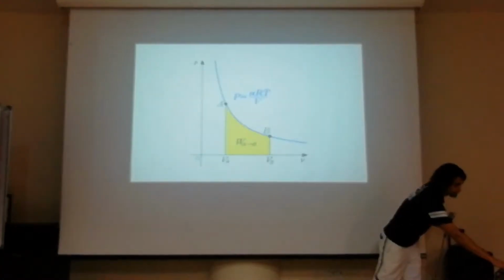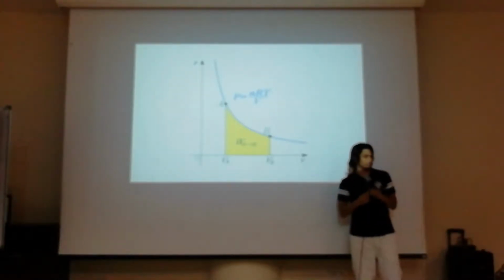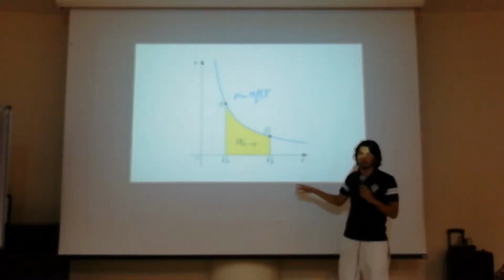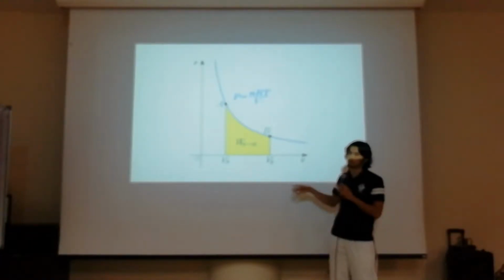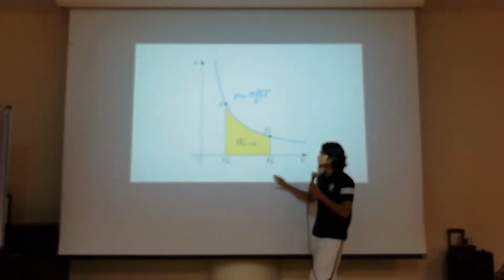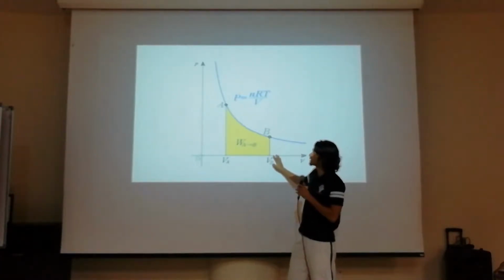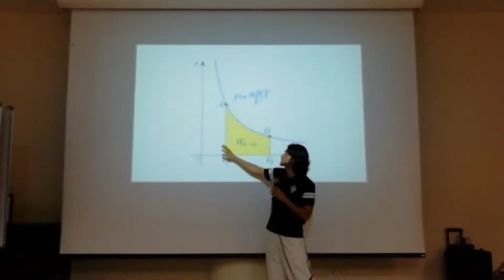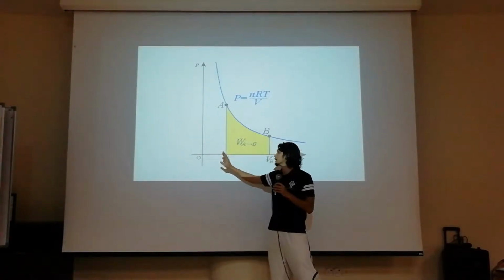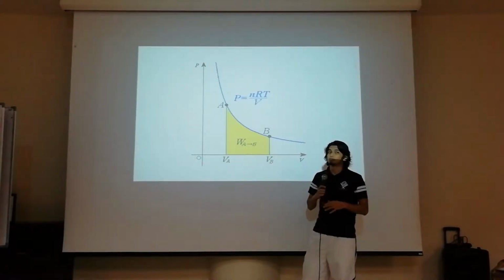So this is the PV diagram that tells us about the isothermal process. Throughout this graph, the temperature will remain constant, and there is a change in pressure and volume.